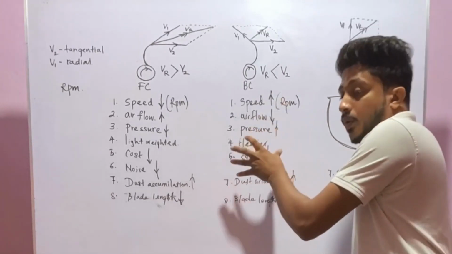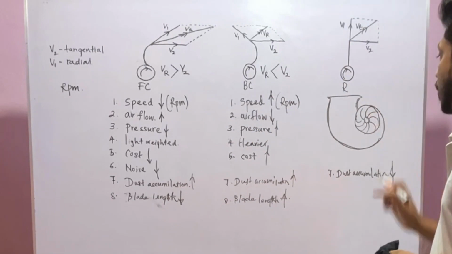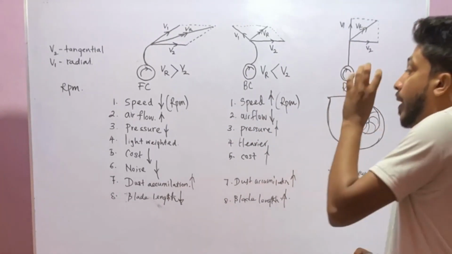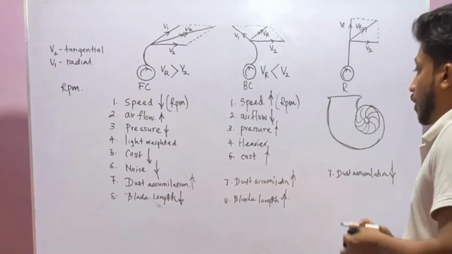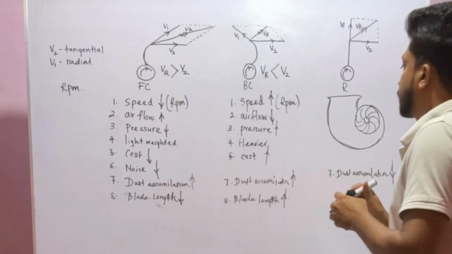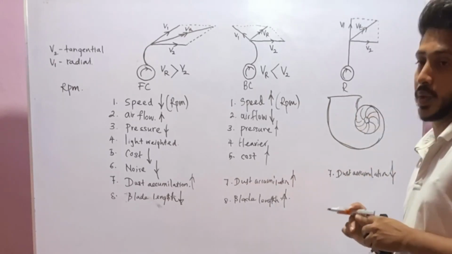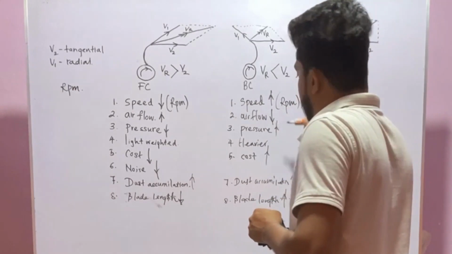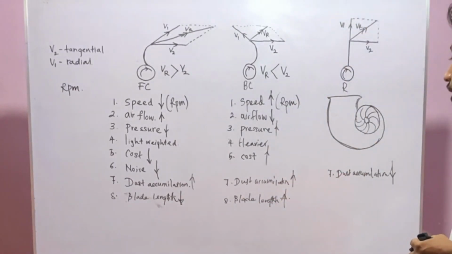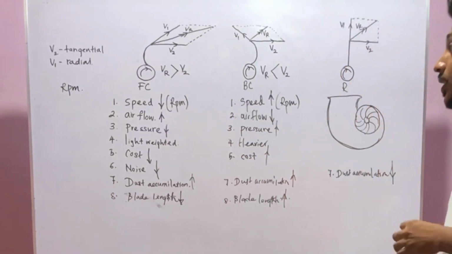The backward curve fan also has these housings or scroll housings, but the backward curve fan has an ability to work even without this housing unit, because they have good static pressure. But the forward curve fan does not create much static pressure.